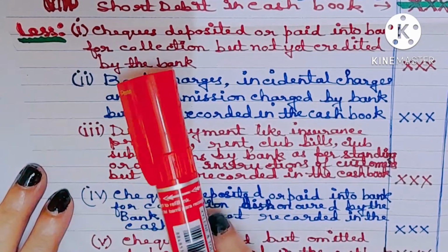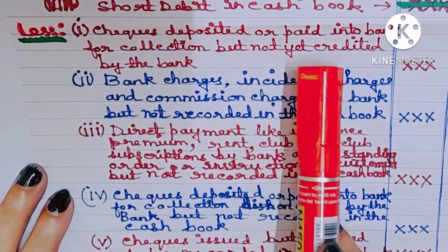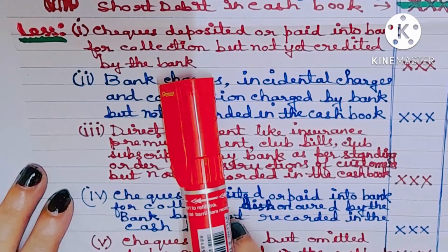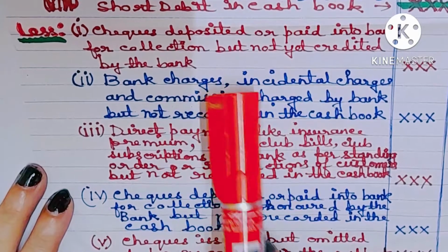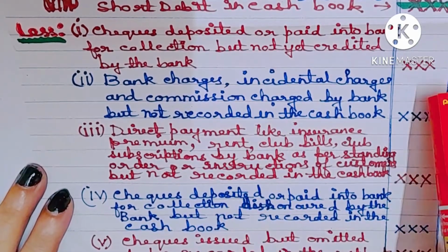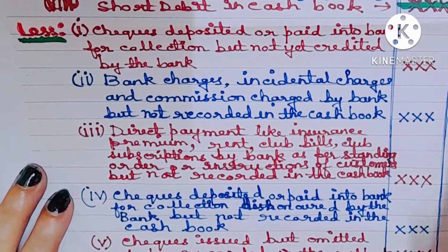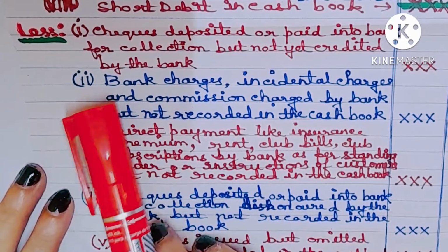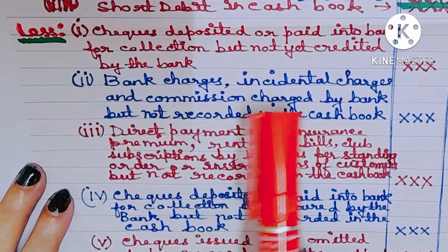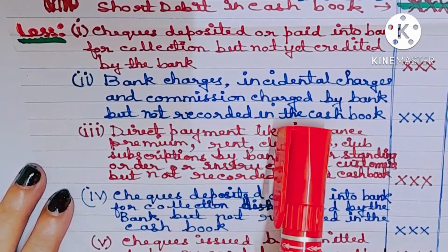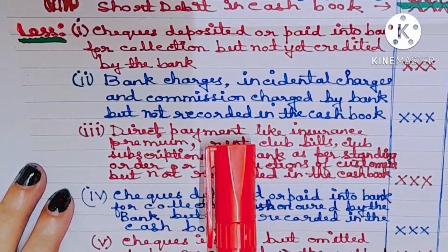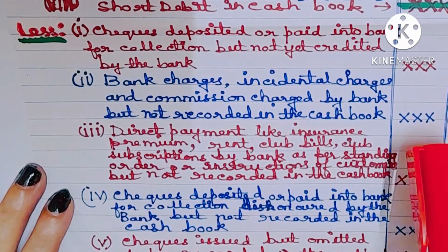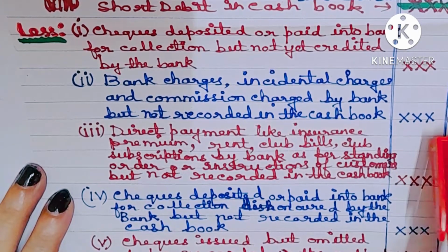Less checks deposited or paid into bank for collection but not yet credited by bank. The amount goes in the inner column. Number 2. Less bank charges, incidental charges and commission charged by bank but not recorded in the cash book. The amount goes in the inner column.